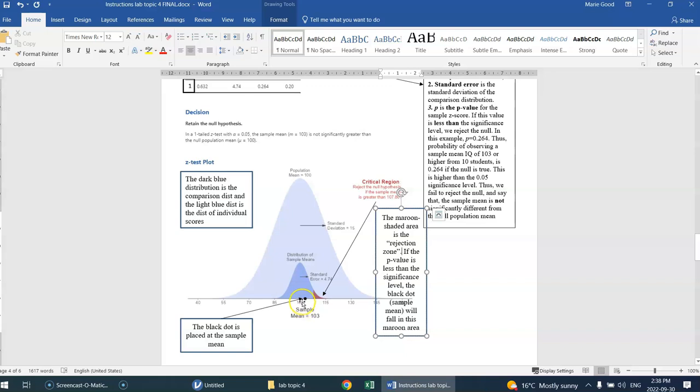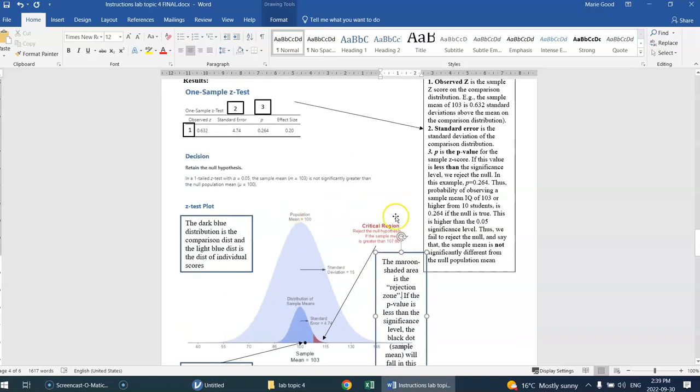In this case, the black dot, the sample mean, falls outside of the maroon shaded area, the rejection zone. So we know just from looking at the picture that the sample mean does not fall within the rejection zone, and we would fail to reject the null.